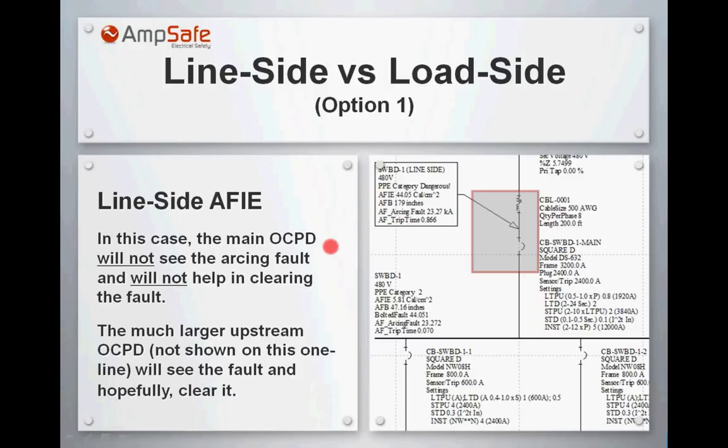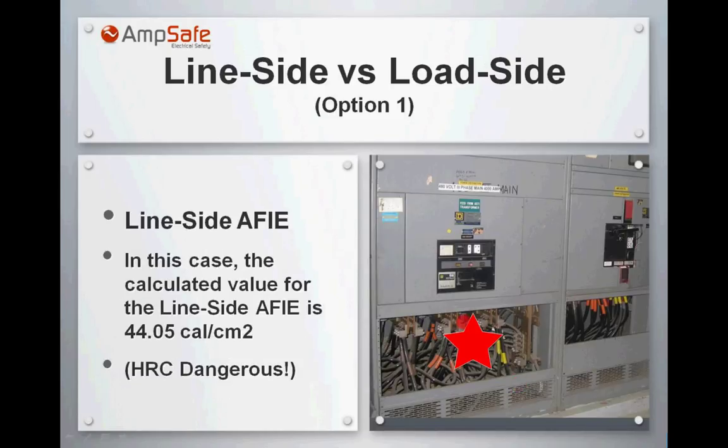So dangerous that normally at 40 and over, it is not permitted to work on energized panels, because of the great amount of energy that you can have in this area when you have more than 40 calories per centimeter squared. A very, very dangerous situation.